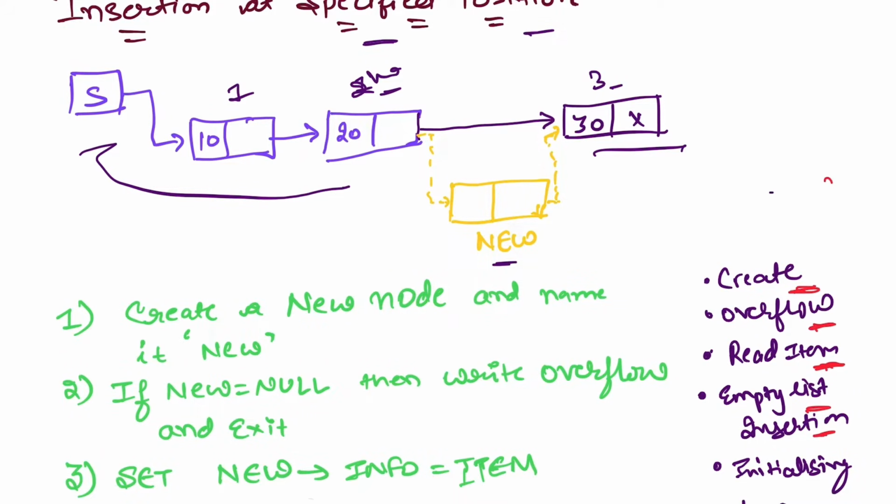There can be a case, like in the previous video, if you remember, where the linked list is empty, having no element. If it is having no element and I want to insert a node, then this condition is false.